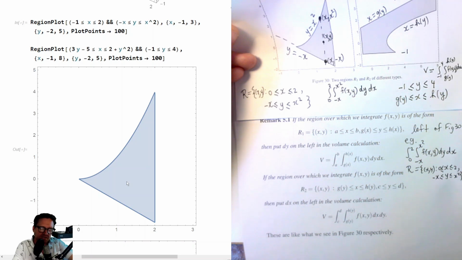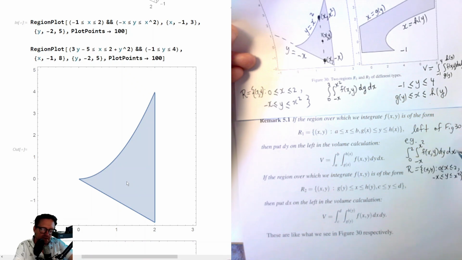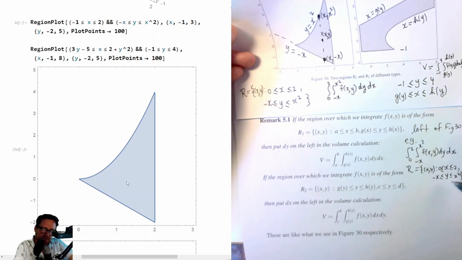So the way we do this, we put the constant values on the outside, and the corresponding letter, so x is between 0 and 2, two constants, that goes on the outside, right? And on the inside, y is between two functions of x, so that goes on the inside. In other words, that gets integrated first.